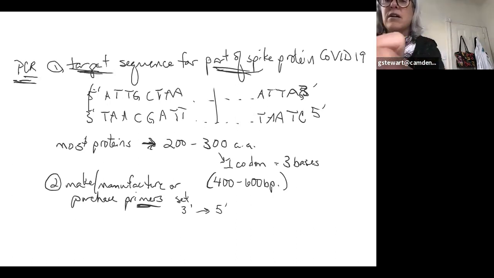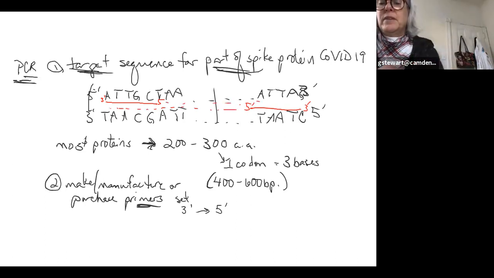And those primers are specific for, complementary to this sequence, 3' to 5', and complementary to this sequence, 3', both directions, so that Taq polymerase can just jump on and continue making complementary bases really quickly.